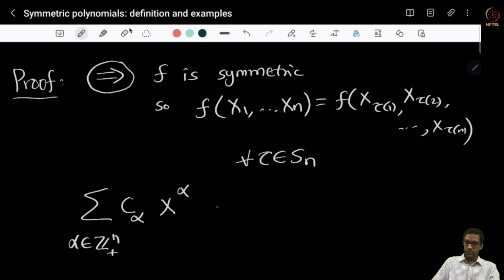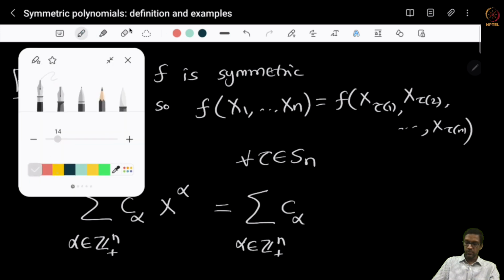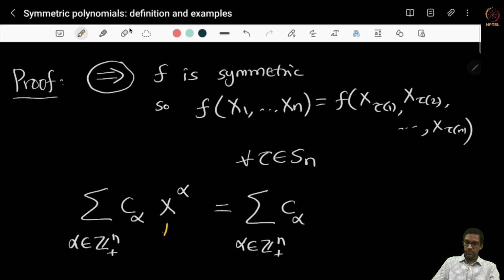Whereas what's the right hand side? I have to permute my variables. So what does that mean? I keep the sum over alpha in Z plus n, c alpha. And now remember, what is x to the alpha? So let's write that out. This guy is just x1 to the alpha 1, x2 to the alpha 2, and so on.